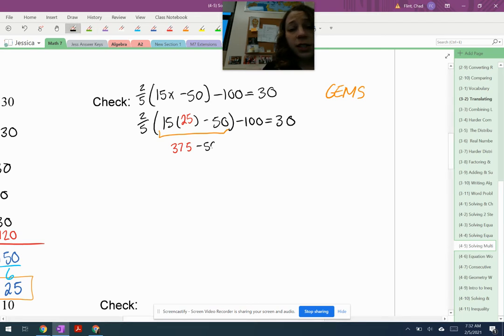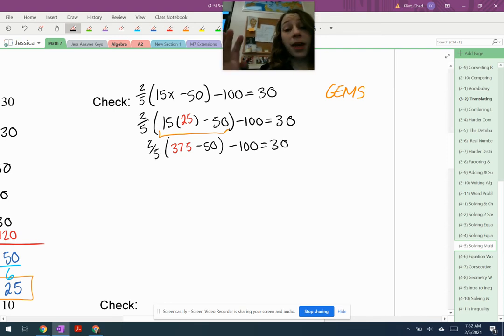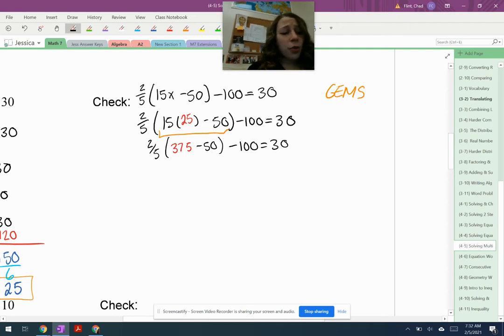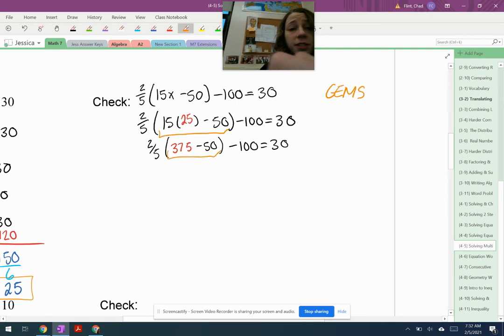Everything else is getting carried down as is, including the parentheses, because I have not finished with those groupings yet. It's very important to keep that there. So 375 minus 50, still working inside my parentheses, gives me 325. And then everything else comes down as is.